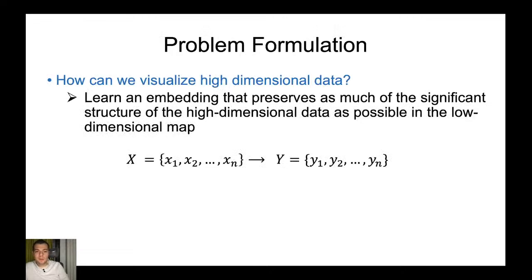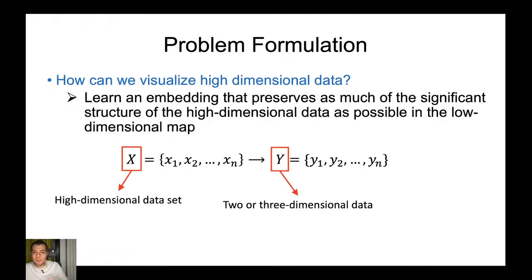Okay, so next we're going to discuss data visualization using stochastic neighbor embeddings. What we want to do here is we have some examples in a set X that are in a high dimensional space, and we want to project this set of examples into a lower dimensional map.